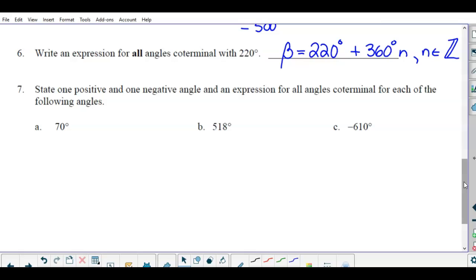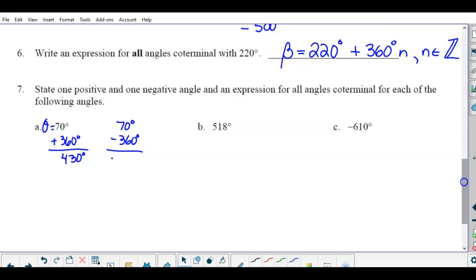Okay, so I'm going to call this theta. If I add 360, I would get 430. So that is a positive. If I have 70 and I subtract 360, okay, what do you get?